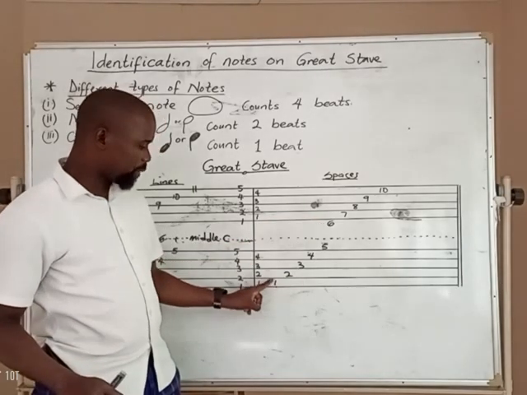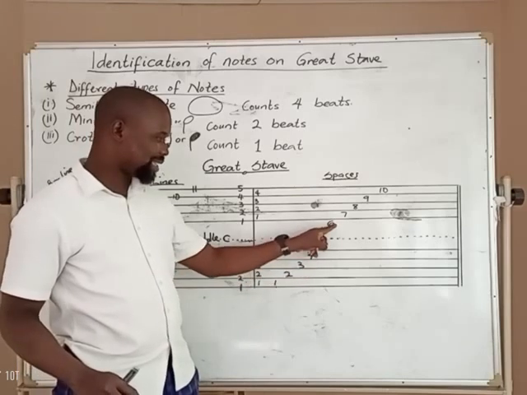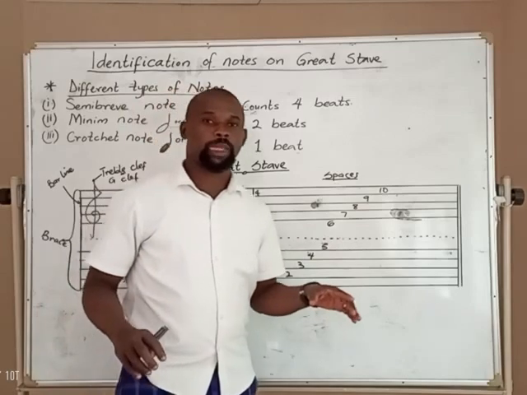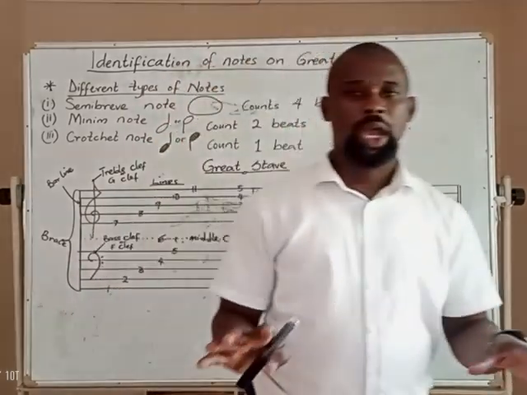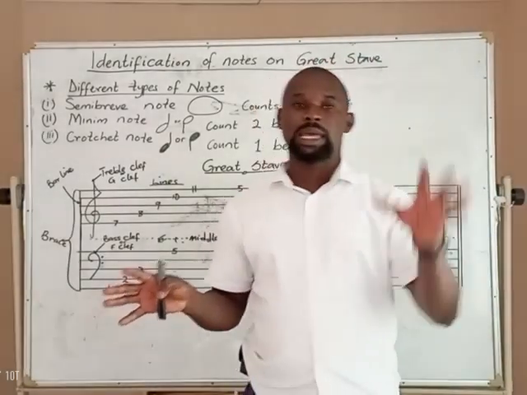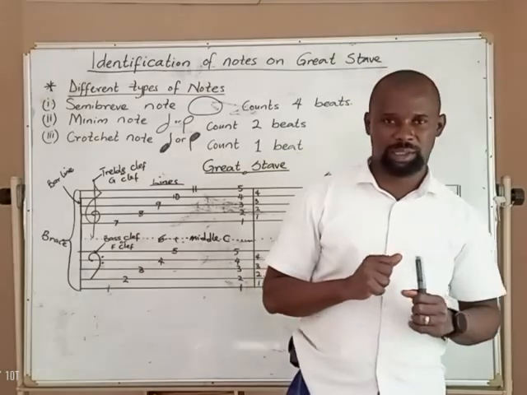So we have spaces 1, 2, 3, 4, 5, 6, 7, 8, 9, 10. So in a nutshell, a grand stave gives us 11 lines and 10 spaces.